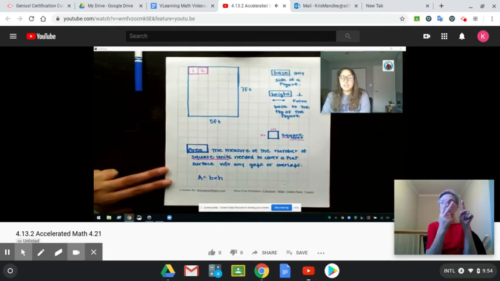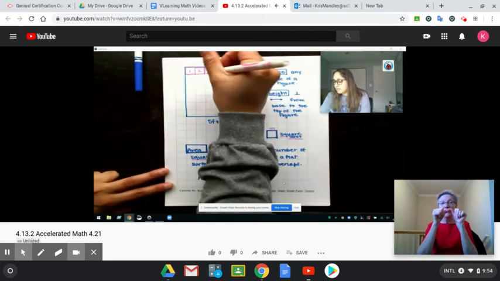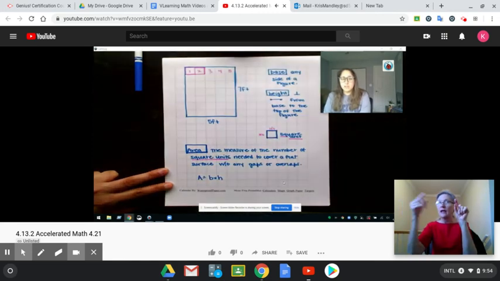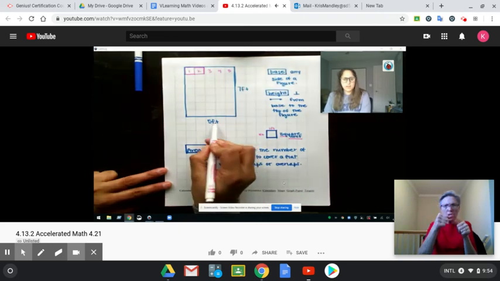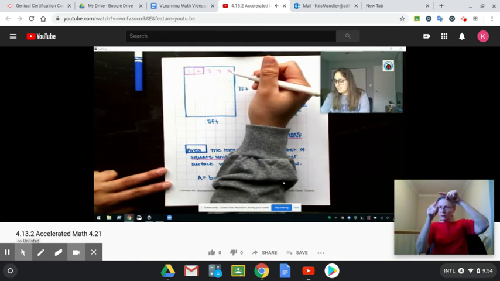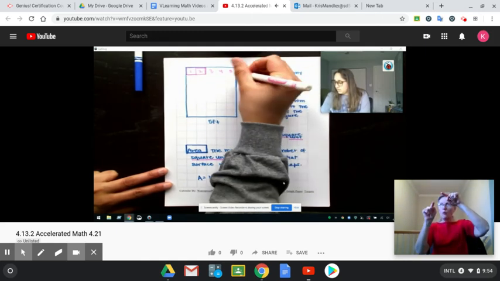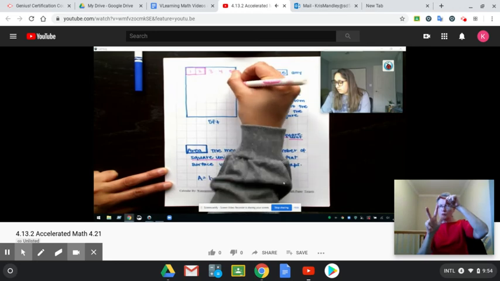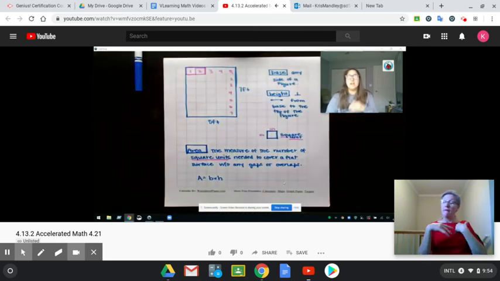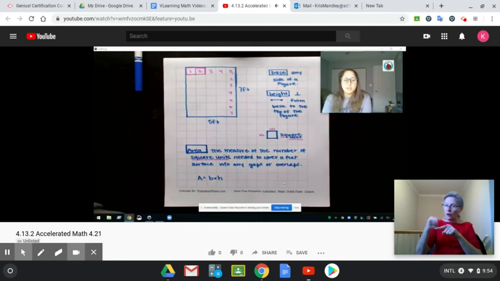I can continue on, and I would see I've got 3, 4, and 5 in that top row. And oh, wait a minute, I'm noticing 5 and I have 5 feet here. Oh, interesting. Well, I wonder if that's true for my length as well. Let's see. I have 1, 2, 3, 4, 5, 6, 7. Oh, I do. I have 7 vertical unit squares.